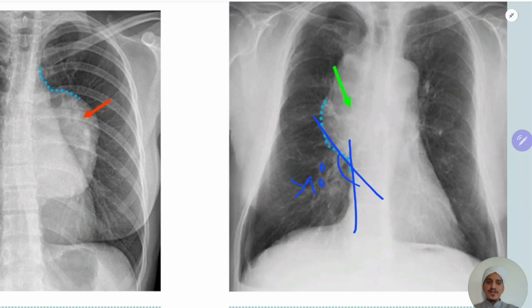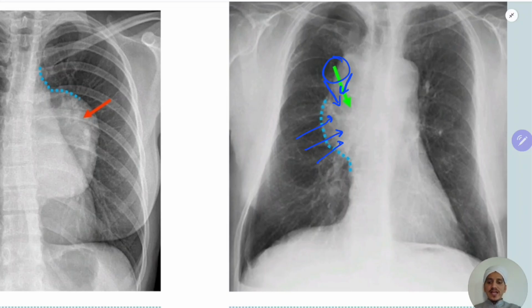Now the next step is whether it is present in the middle mediastinum or not. To know that, you see whether the hilum overlay sign is present or not. You are able to see bronchovascular markings here in this mass. That means the hilum overlay sign is present, and this arrow is also showing that.